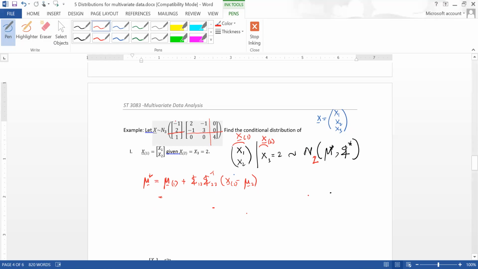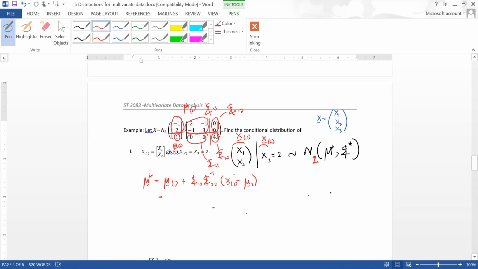Now you should know this part is mu1, this part is mu2, and this is your sigma 1,1, this is your sigma 1,2, this is sigma 2,1, and this is sigma 2,2.